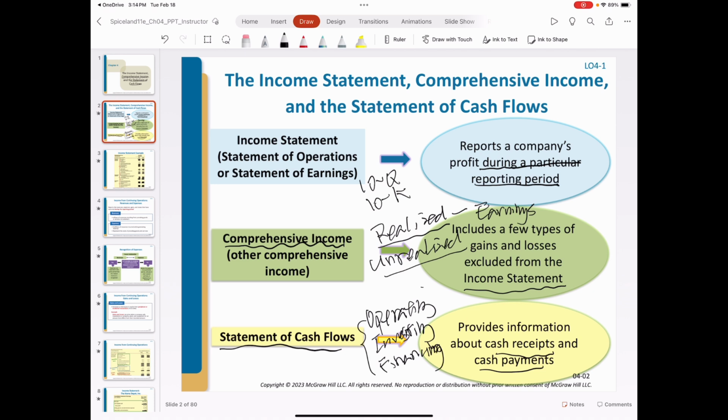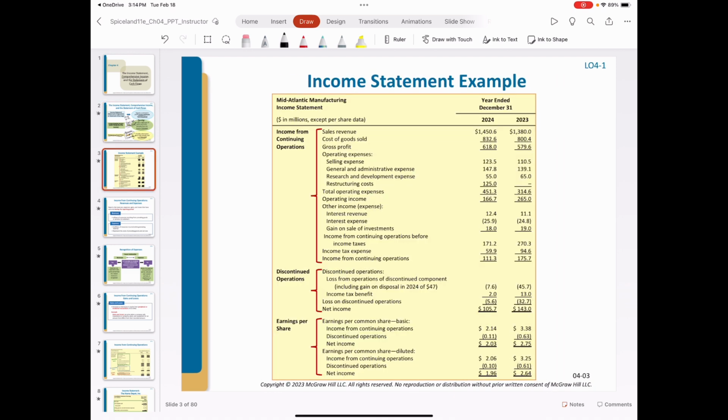So by learning the cash receipts and cash payments from these three activities, we can learn about the company's financial risk, profitability, and strategies.